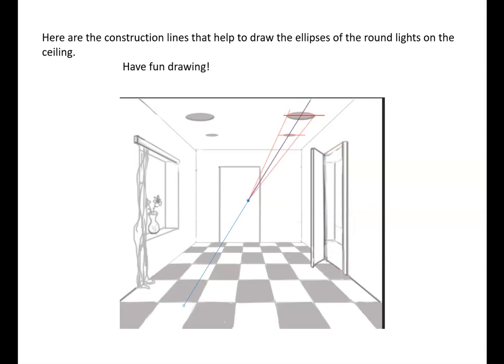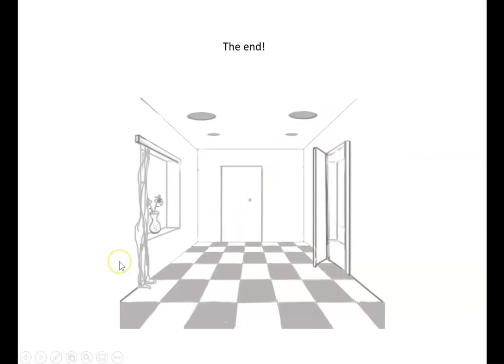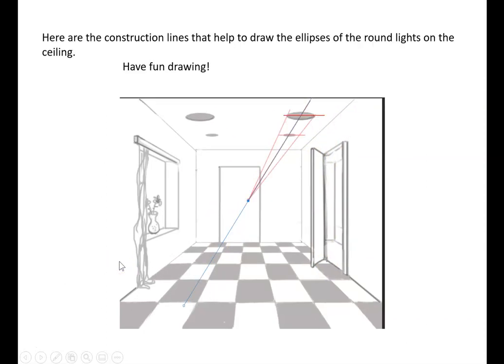Here is another suggestion also for this wall. Okay, so the wall is here. On the ceiling, I wanted you to draw at least 4 round lights. Round lights are circles if you look straight at them in the store. But if we see them in the room, they look like ellipses or ovals.